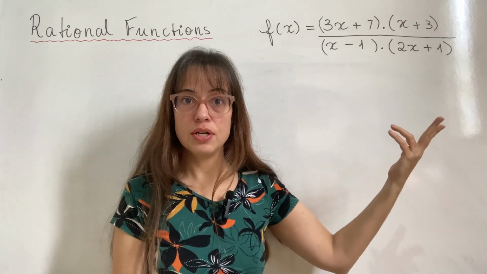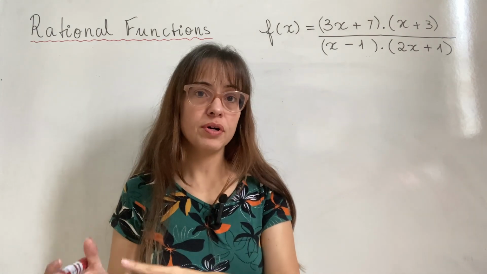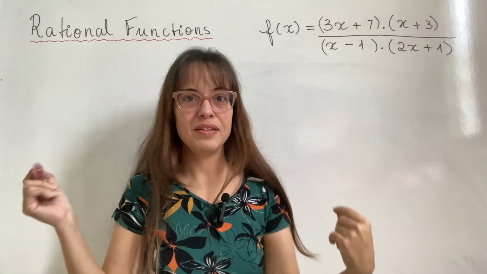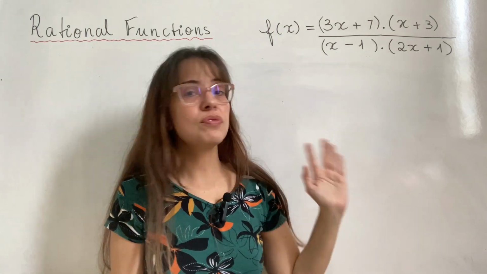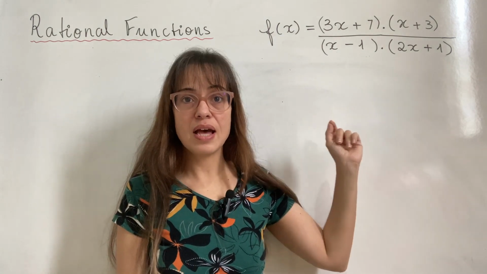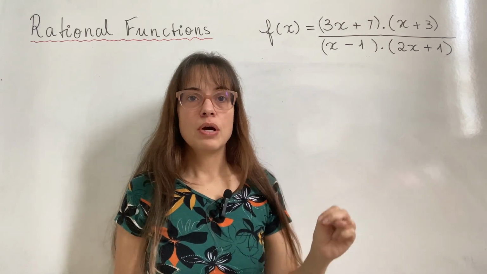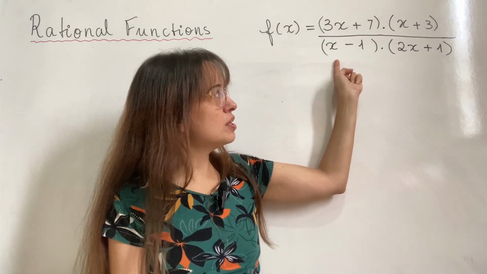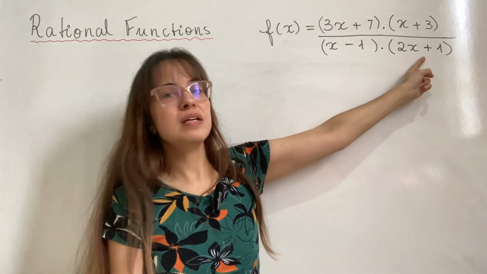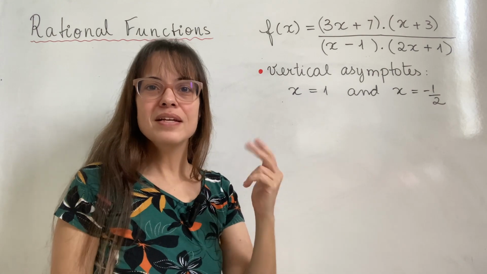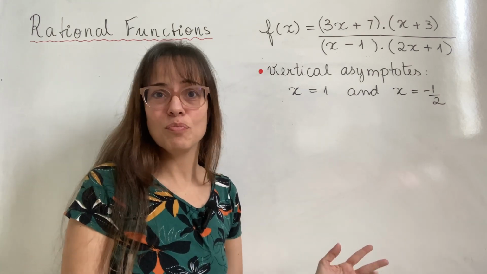What changes here? Well, we still have 4 relevant things to think about, which is horizontal, vertical, and then the intercepts. But one thing that clearly changes here is that the domain restriction now is going to exclude 2 values of x, because x can't be 1 and x can't be negative half. So next, y-intercept. This one I can't have more than one of, right?